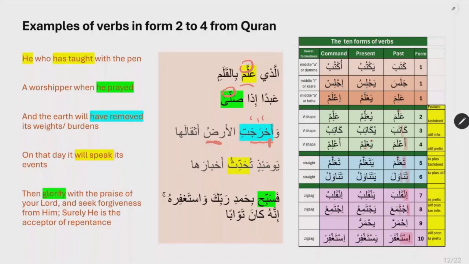It should have been a ta with the sukun, akhrajat, as in kataba and katabat. But because this is a aliyah, you can't have 2 sukuns next to each other. You can't pronounce akhrajat and then the lam's also got a sukun. You're not pronouncing the lam and then you say out. So what people do is, because of this feature here, you make this ta take a kasra in order to pronounce the lam that follows.